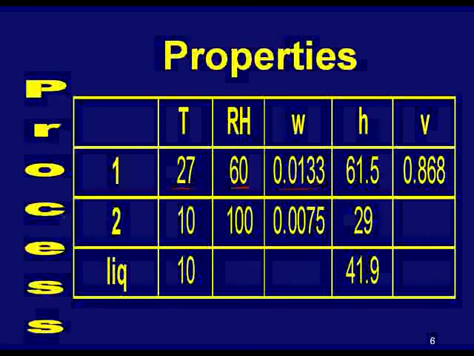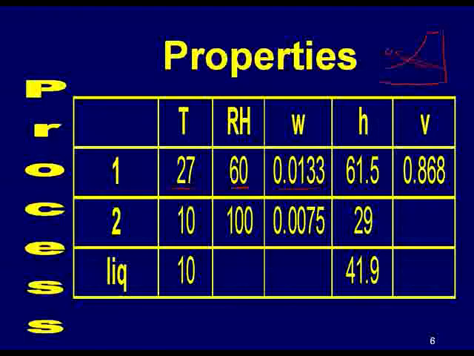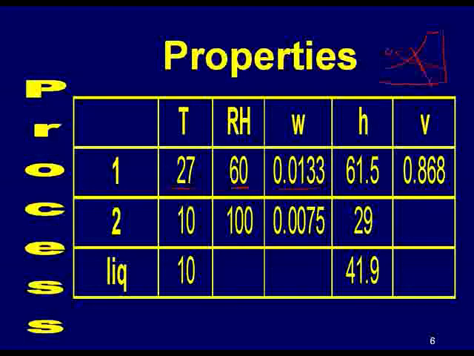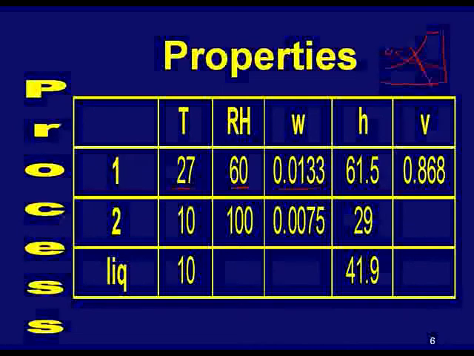The enthalpy you can read from the psychrometric chart. If you recall, the enthalpy lines run at this sort of angle, and that's where you'd read an enthalpy of 61.5. And then the volume lines run something like so, and the volume of our entering air is 0.868 meters cubed of the mixture per kilogram of air.